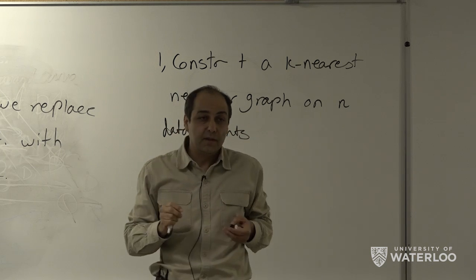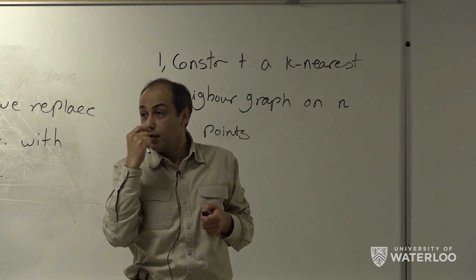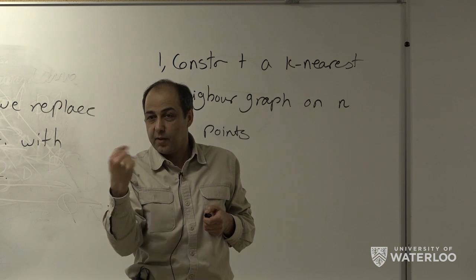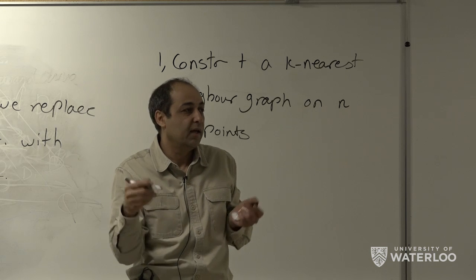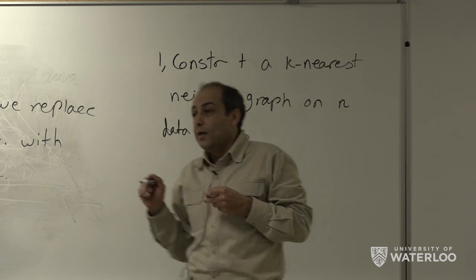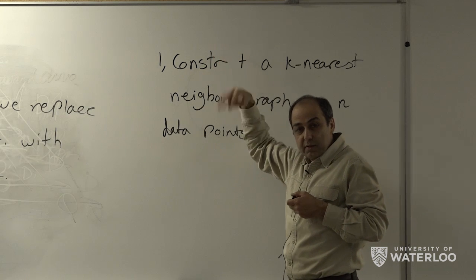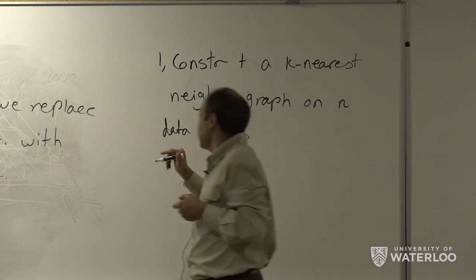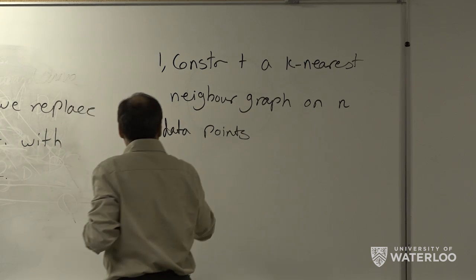So simply choose a k. This k is going to be a parameter of Isomap. That's a parameter of the algorithm. You have to decide that k is 2 or 10 or 200. So you're going to connect each point to its k nearest neighbors. That's the first step.